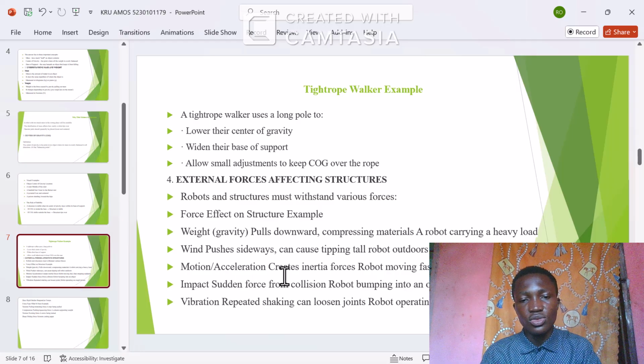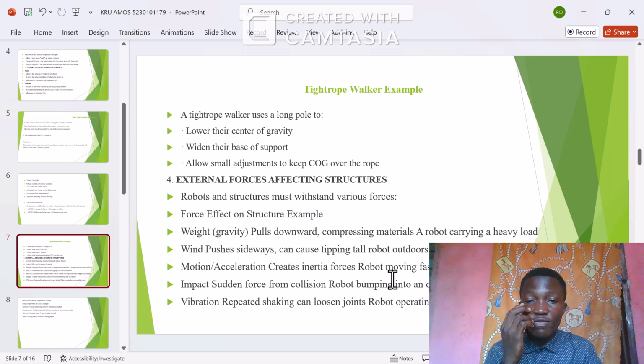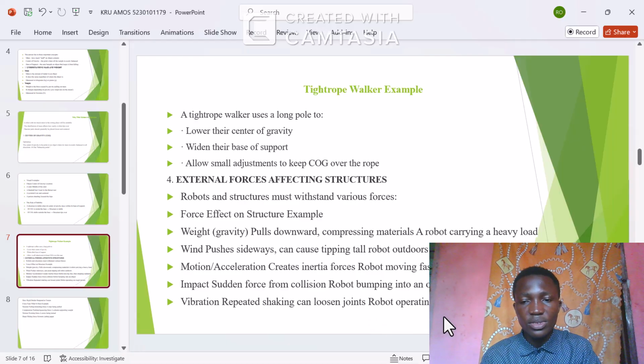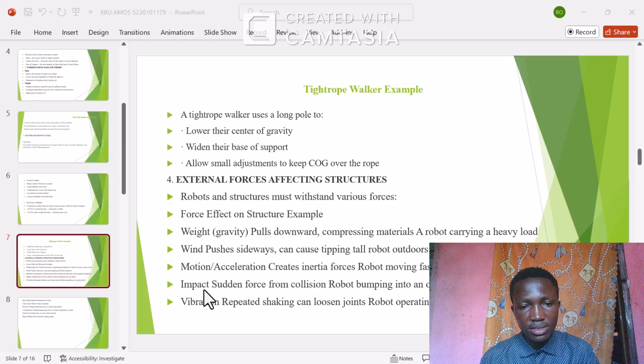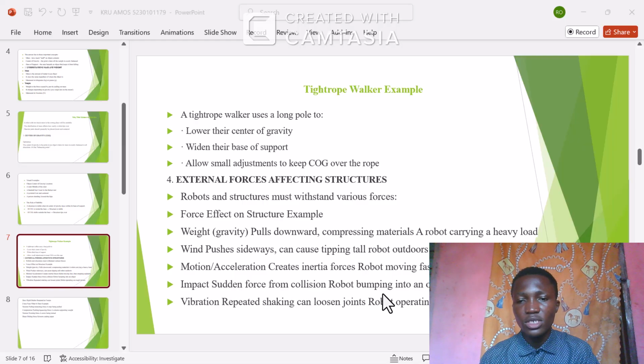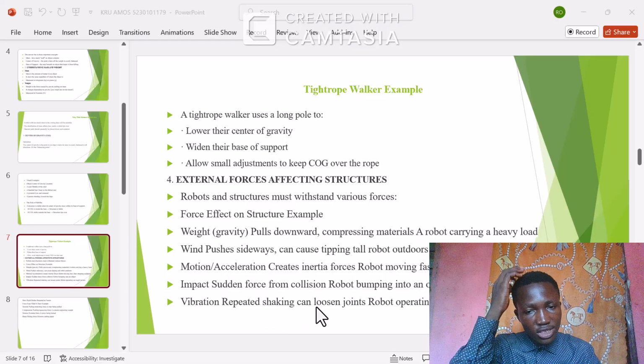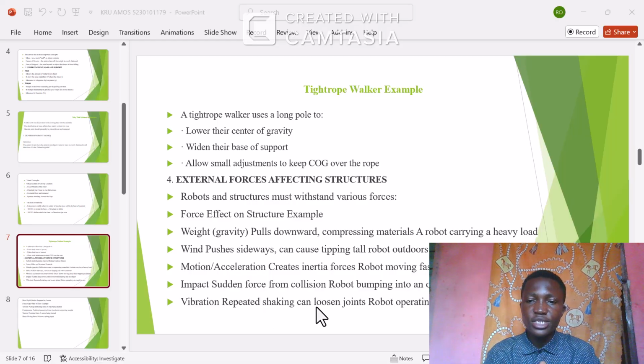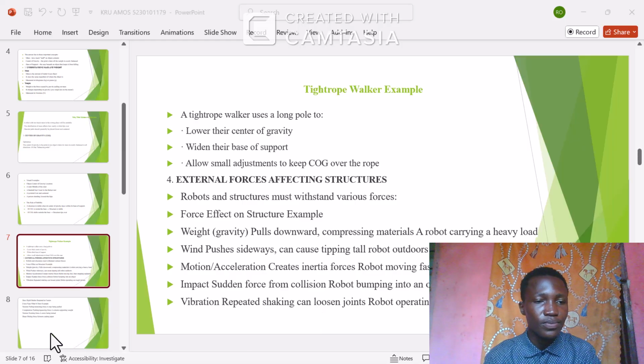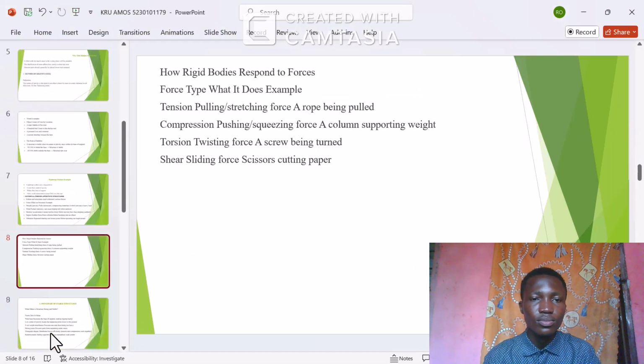Motion or acceleration creates inertial forces, such as a robot moving fast and then stopping suddenly. Impact is a sudden force from collision, such as a robot bumping into an object. Vibration, repeated shaking, can loosen joints, such as a robot operating on rough terrain.